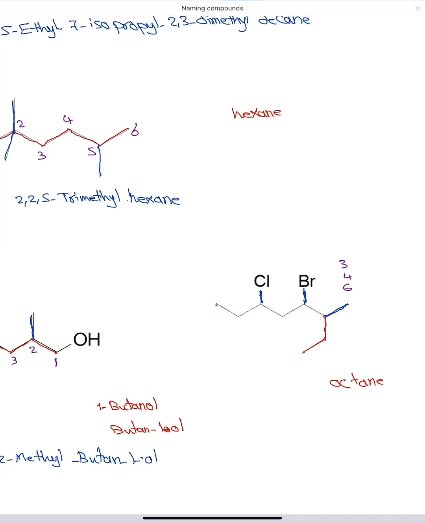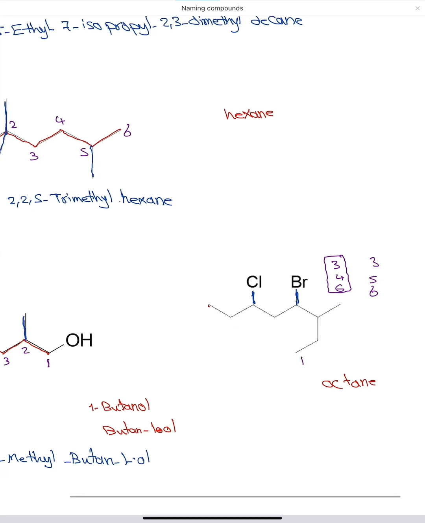If we do 1, 2, 3, 4, 5, 6, 7, and 8, now the substituents are going to be on carbon 3, carbon 5, and carbon 6. So when we do the numbering from the right, the substituents will take lower numbers than when we do it from the left. So we're going to start the numbering from the right, not from the left.